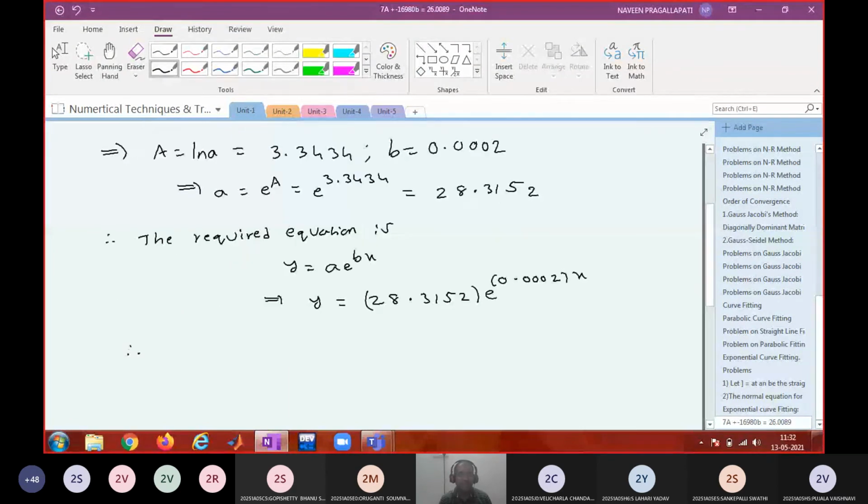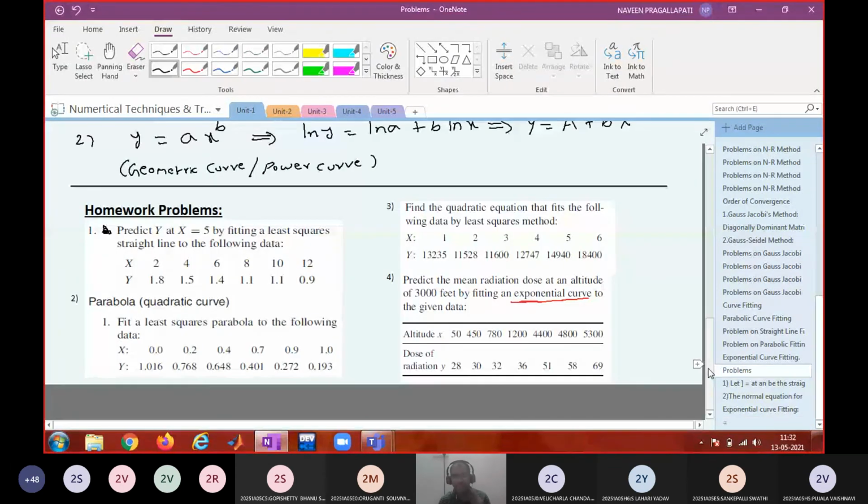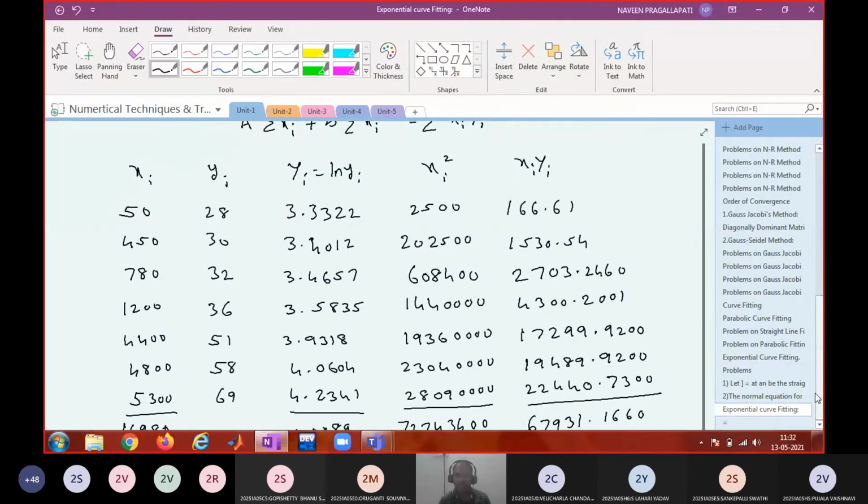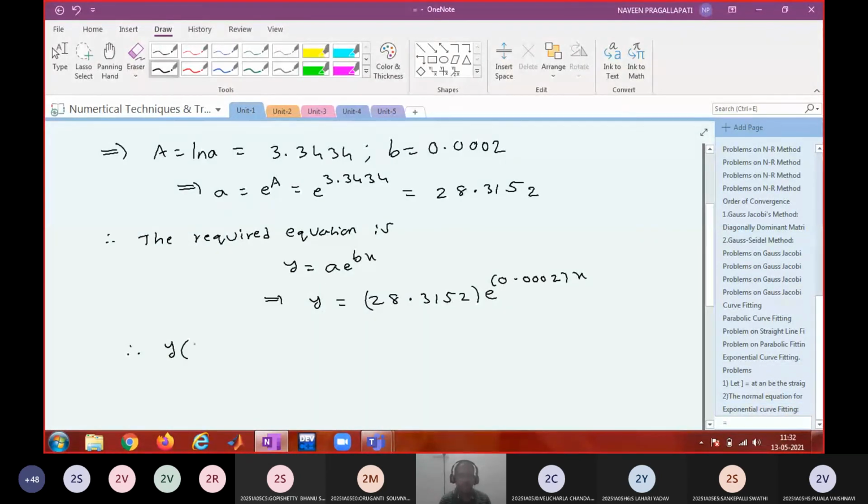Therefore, what you're asked to find out is radiation at an altitude of 3000 feet. So substitute x equal to 3000 in the exponential and find out the value. So what is this value? Round off to the nearest integer.